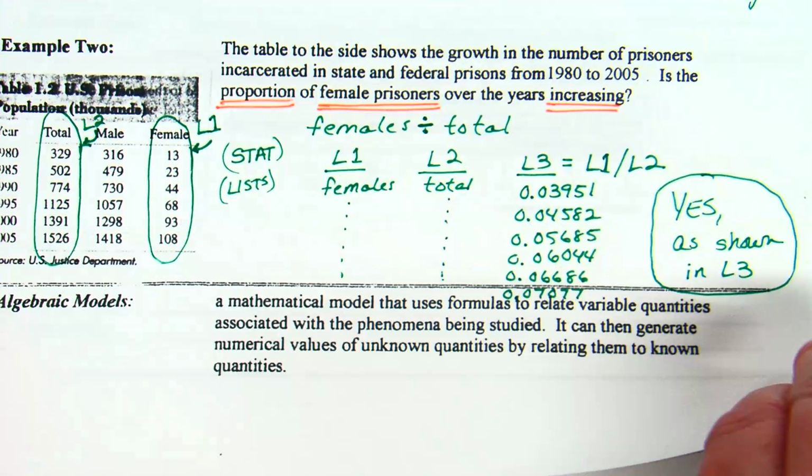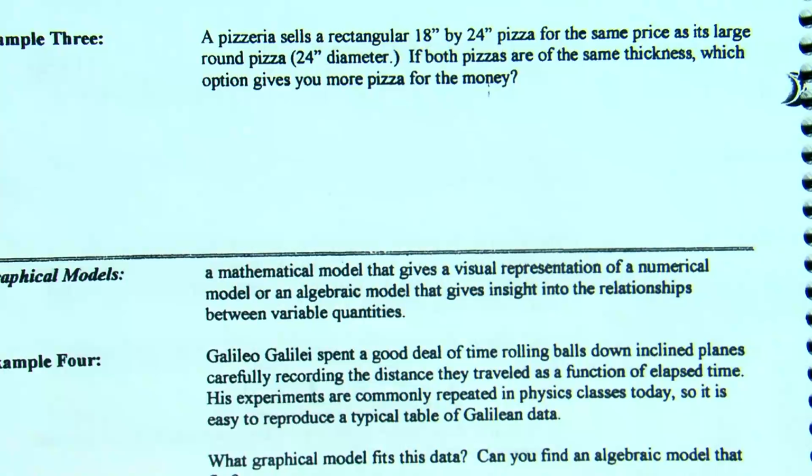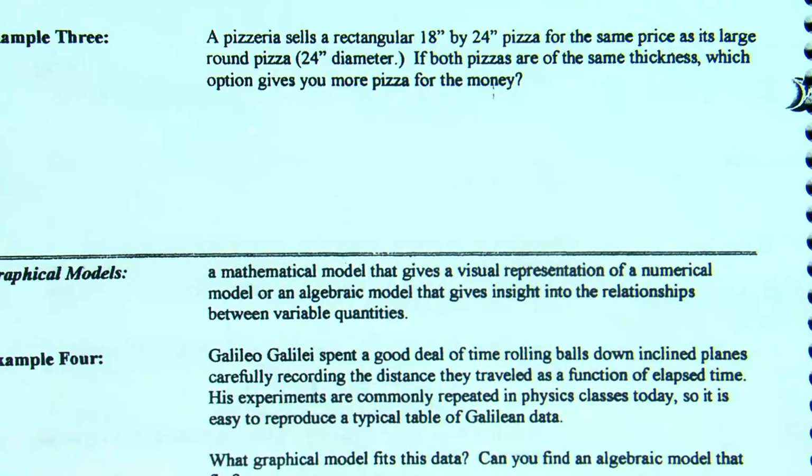So, let's flip back to example 3. I hope no one's hungry, because this problem's not going to help, is it? A pizzeria sells a rectangular 18 by 24 inch pizza for the same price as its large round pizza with a 24 inch diameter.